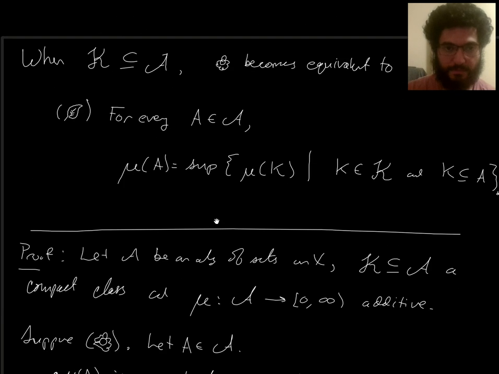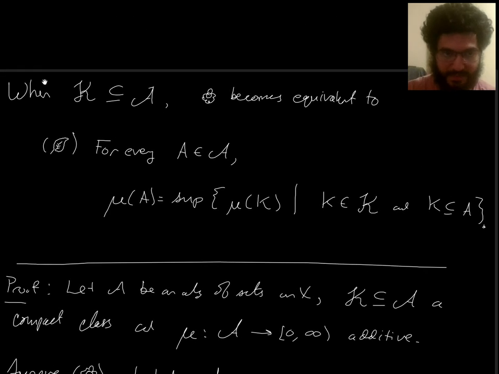So basically, if the compact class that you're focusing on is a subset of the algebra of sets, which is often a situation that you'll be in, then the condition flower becomes much easier to think about.